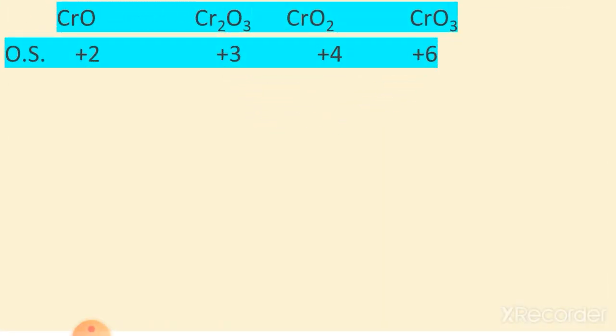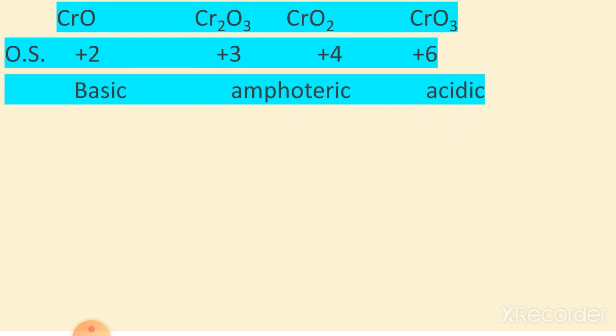Now some more examples are taken here to explain the acidic and basic property. Look here, CrO contains +2 charge, Cr2O3 +3, CrO2 +4, and CrO3 +6 charge. Now the +2 charge of Cr shows basic nature, the +3 and +4 charges show the amphoteric nature of chromium oxide, and the +6 charge shows the acidic nature.